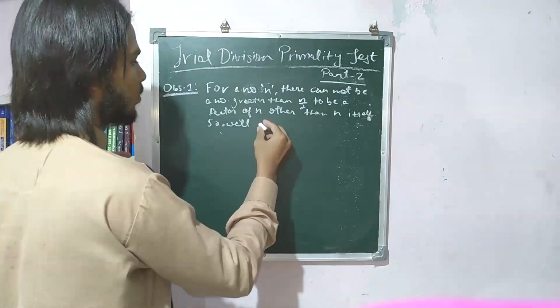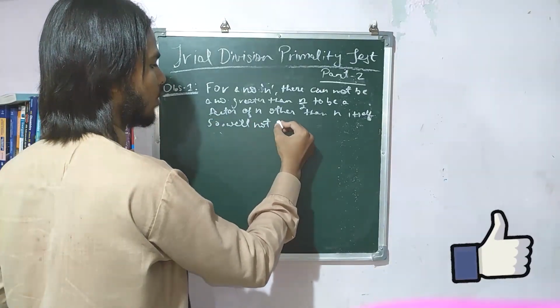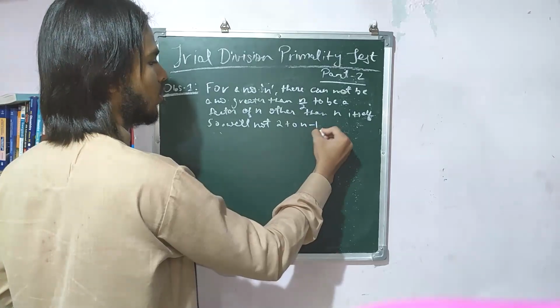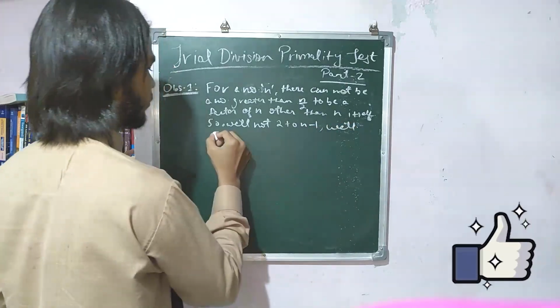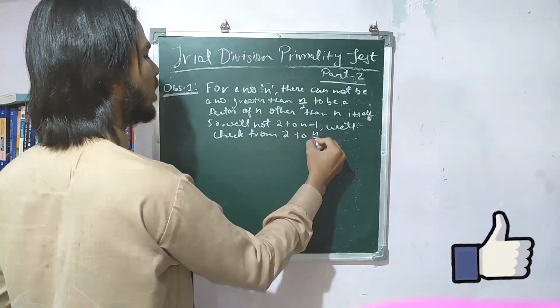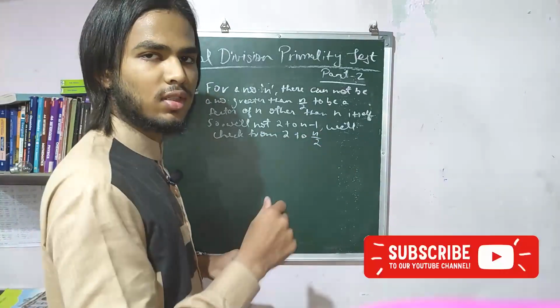So we will not check for the primality test from 2 to n minus 1. We'll check from 2 to n by 2, making our work easier.